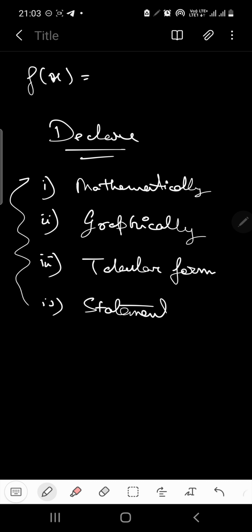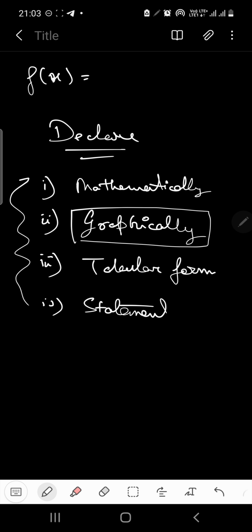Graphical representation is the most descriptive method of declaring a function because it carries a lot of information about the function. It shows you the intervals in which the function is increasing or decreasing. It shows you the intervals at which the function tends towards infinity, and the values for which the function becomes zero.